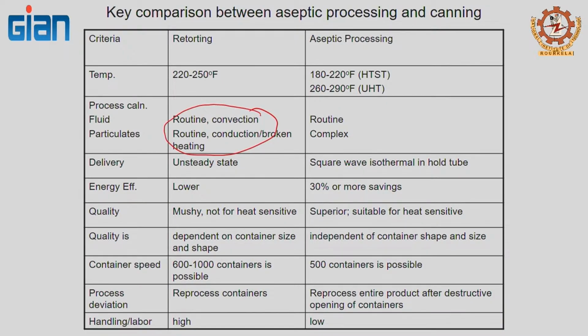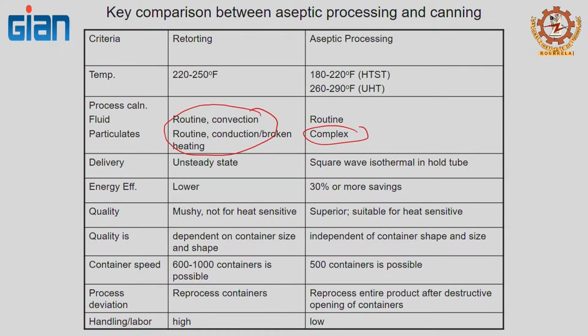If any microorganism survives in that cold spot, it can cause an outbreak, so you want to avoid that. This is relatively straightforward and people have done it over many years. On the other hand, in aseptic processing, especially when you have a liquid and solid mixture, the process calculations can be much more complex.